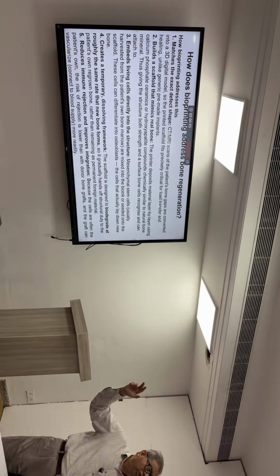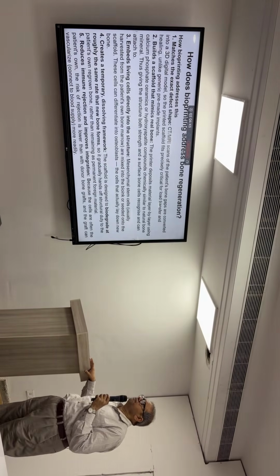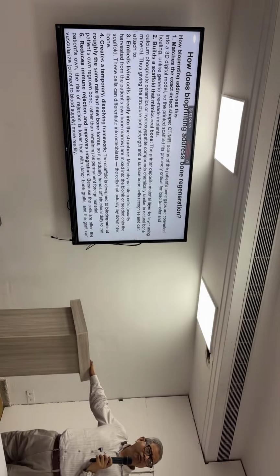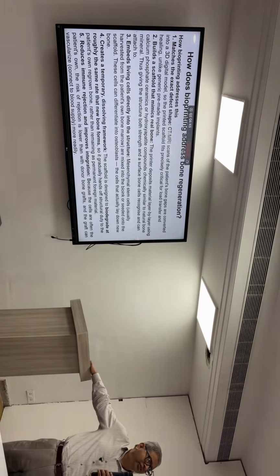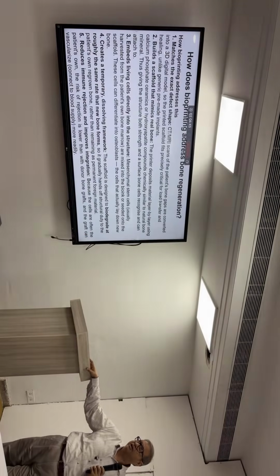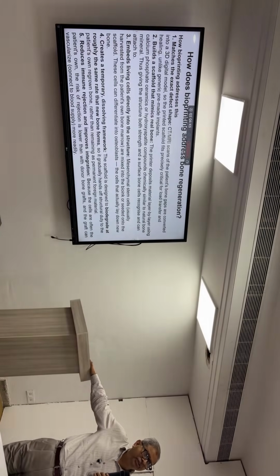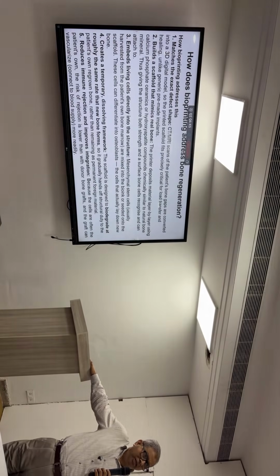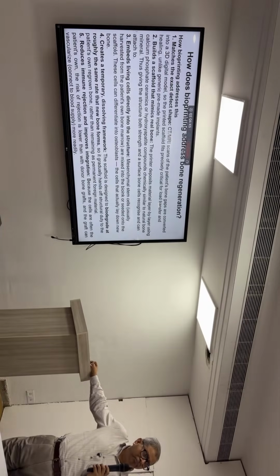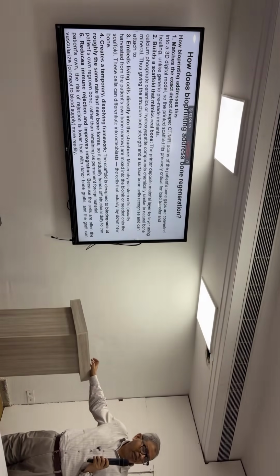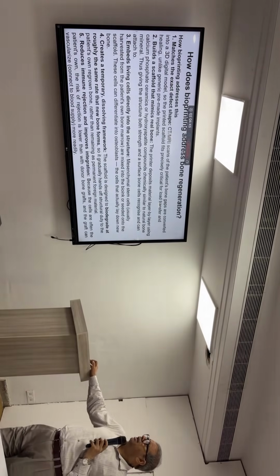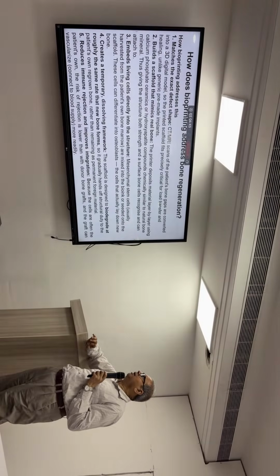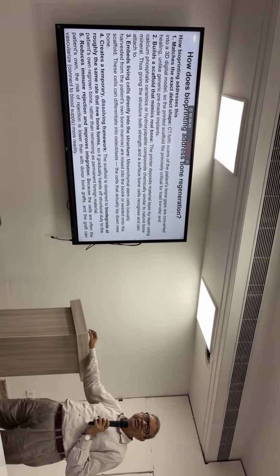Then you grow using the cells. So you have to first match the exact shape of the defect, and for that you need a CT MRI. CT MRI give you very minute details, and then that scanning gives us a digital model.